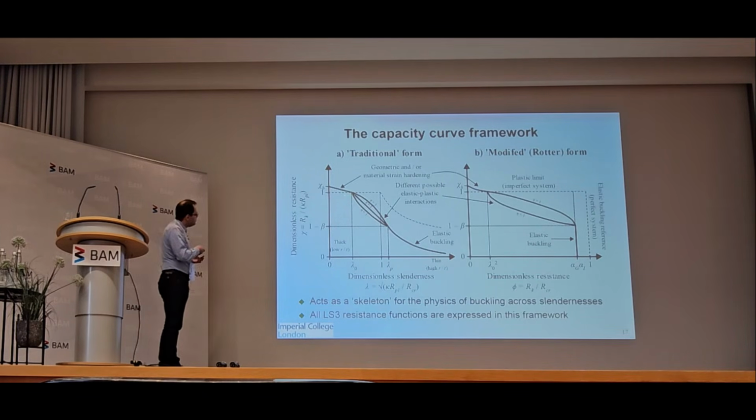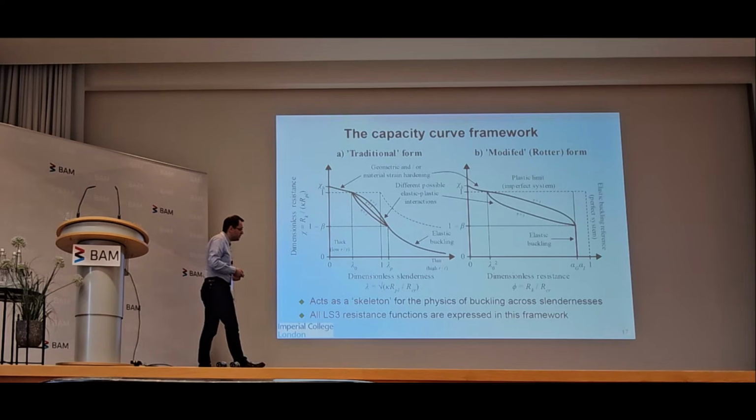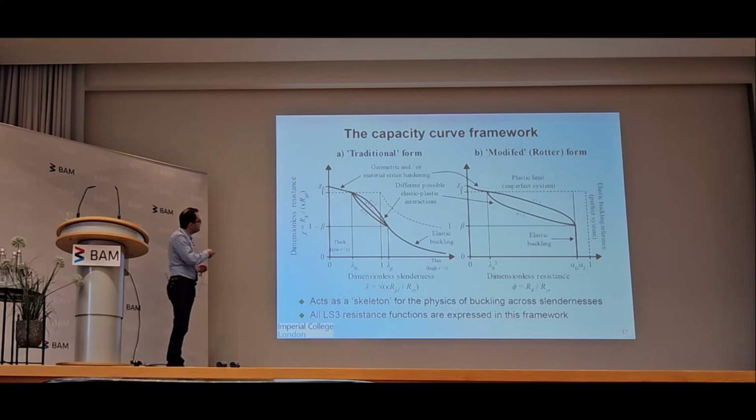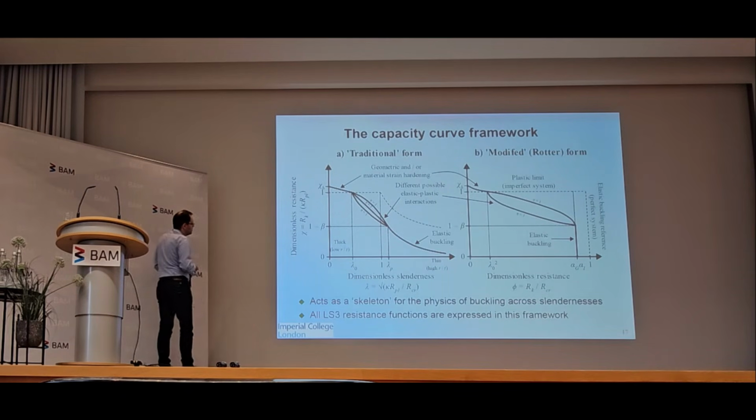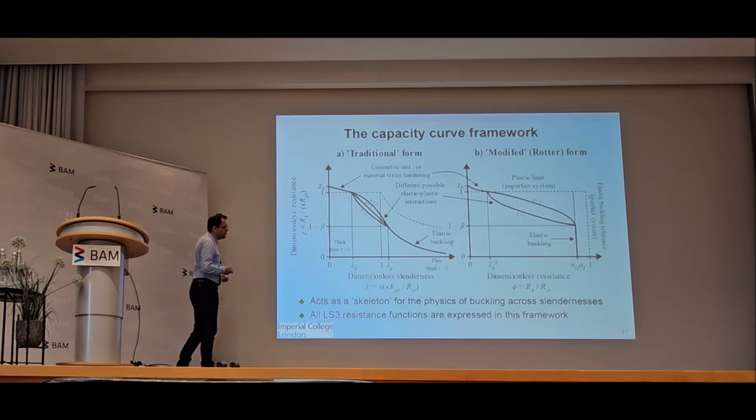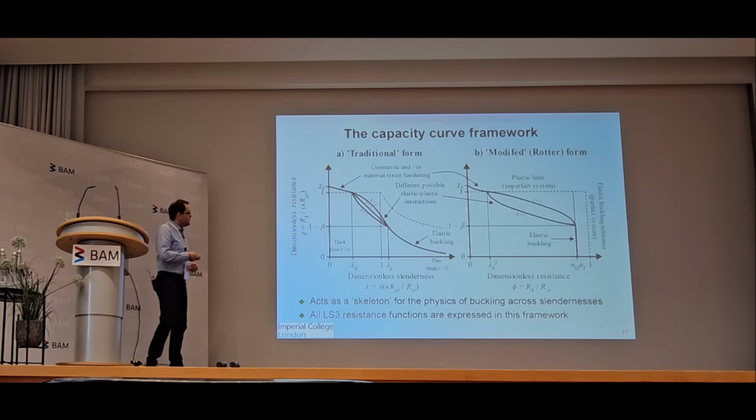And then going here, the point where the curve hits the full reference plastic condition is captured by another parameter called lambda naught, this quotient with relative slenderness. And we even have a provision for the buckling resistance down here to benefit from some hardening effects, either geometric or material, and there's a parameter phi h there.